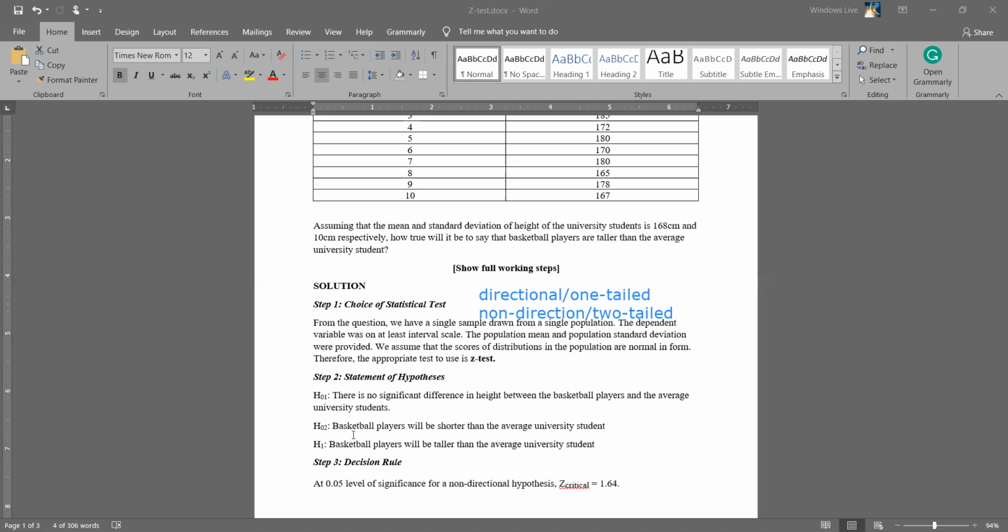So that will be for H1. Then with H0, H0 will be the opposite of H1. Since our hypothesis is directional, we are supposed to state two main hypotheses for H0. So you can see under H0, I've made it H01, H02, meaning that we are stating two hypotheses.